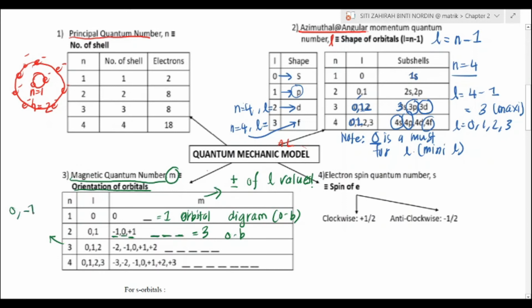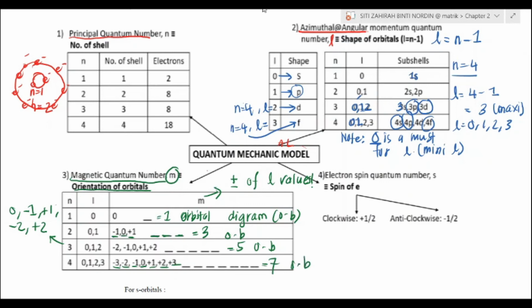For 1, you've got negative 1, positive 1. And for 2, you've got negative 2 and positive 2. I'm going to rearrange it this way: negative 2, negative 1, 0, positive 1, positive 2. That would be in total 5 orbital diagrams. For n equal to 4, you've got L of 0, 1, 2, 3, so your orbital diagram should have 1, 2, 3, 4, 5, 6, 7 orbital diagrams.